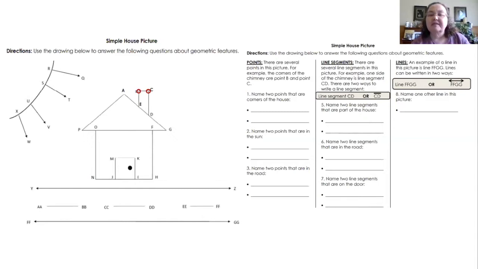Line segments. There are several line segments in this picture. For example, one side of the chimney is line segment CD. There are 2 ways to write a line segment. You can either write it with the words line segment CD, or you can write CD and put a line over top of it.